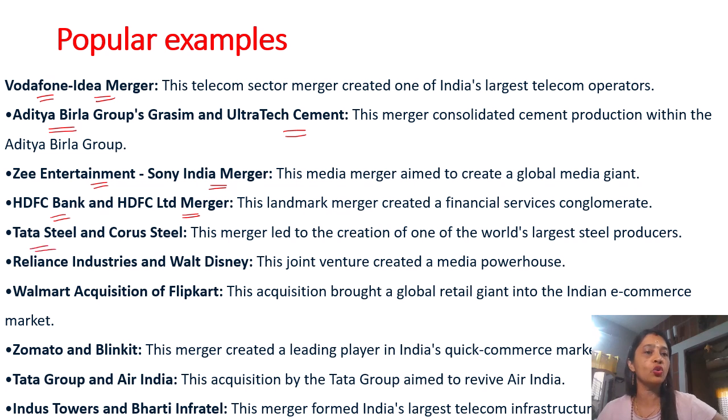Tata Steel and Corus Steel merged. Reliance Industries and Walt Disney merged. Or Walmart's acquisition of Flipkart, or the Zomato and Blinkit merger, or the Tata Group and Air India merger, or the Indus Towers and Bharti Airtel Infratel merger. So these are the popular examples of merger.